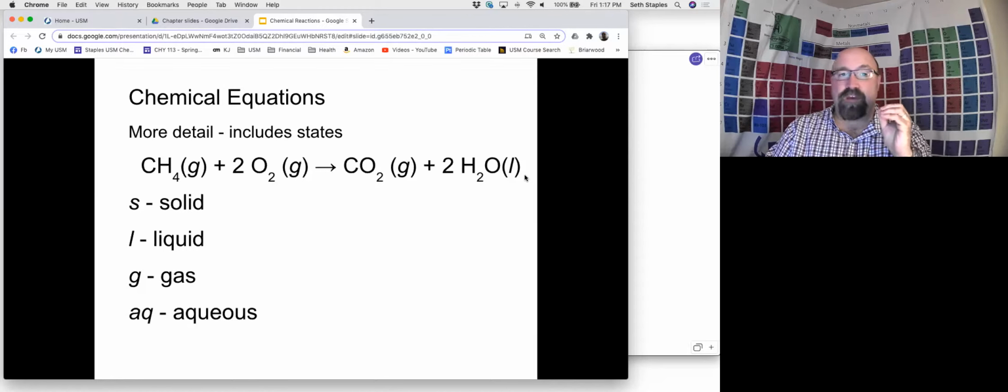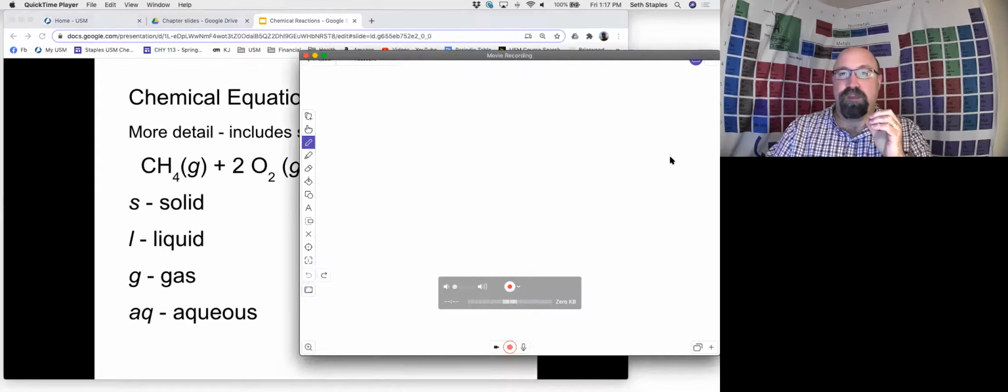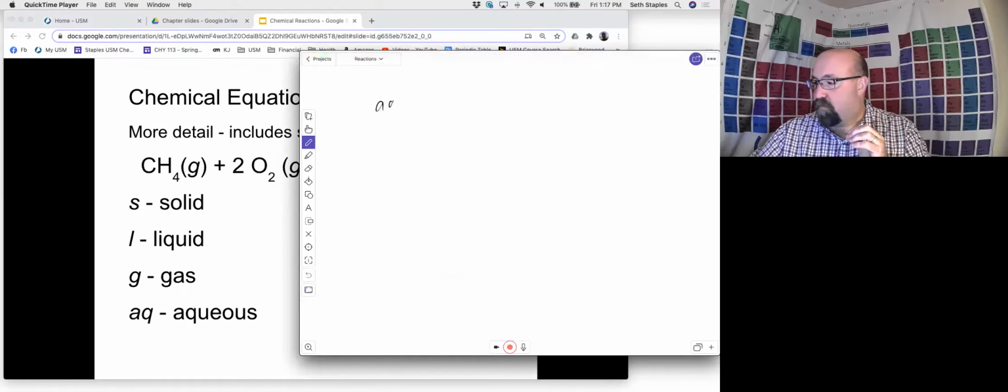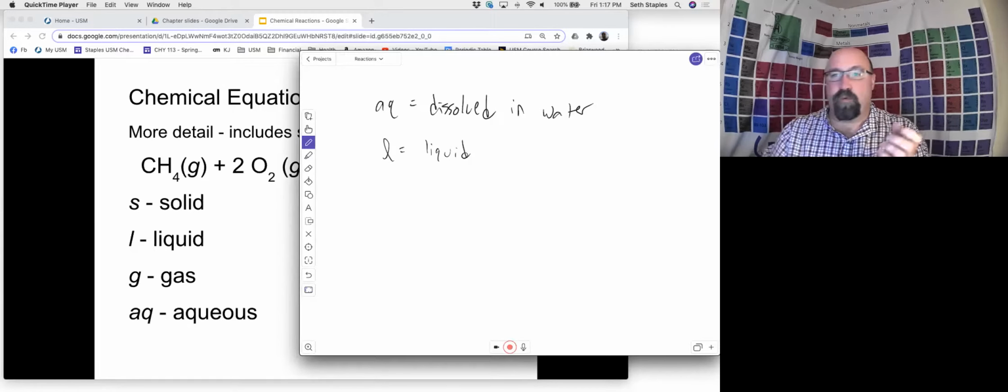AQ, aqueous, means dissolved in water. And so we need to make a distinction between AQ and liquid. Remembering AQ means dissolved in water, versus L, meaning that it's the liquid form of a particular compound.